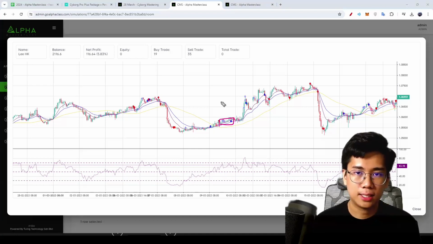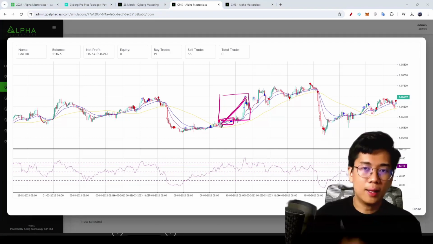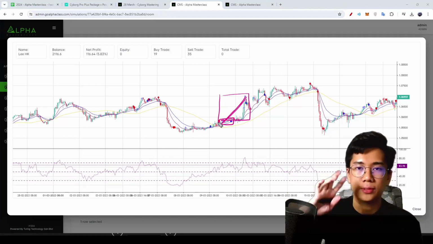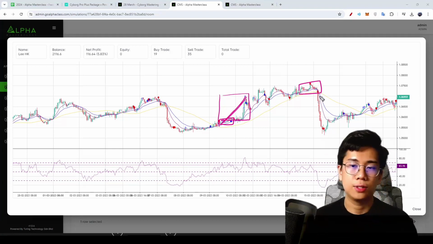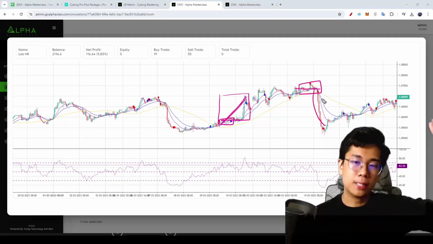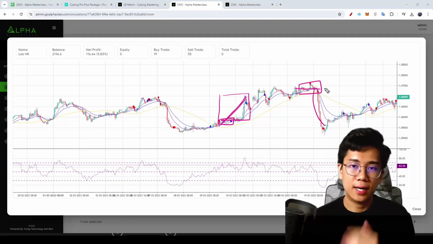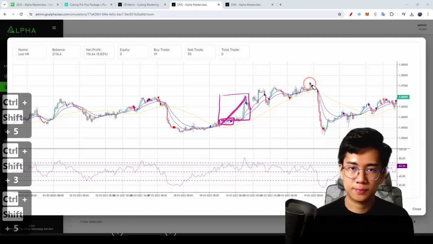But what if you can catch the trend on this size? One whole trend up, swing up, you get a lot of profit. If you can catch the trend from here to here, you can catch a big swing of profit down, rather than just a small chunk of profit up and down here.